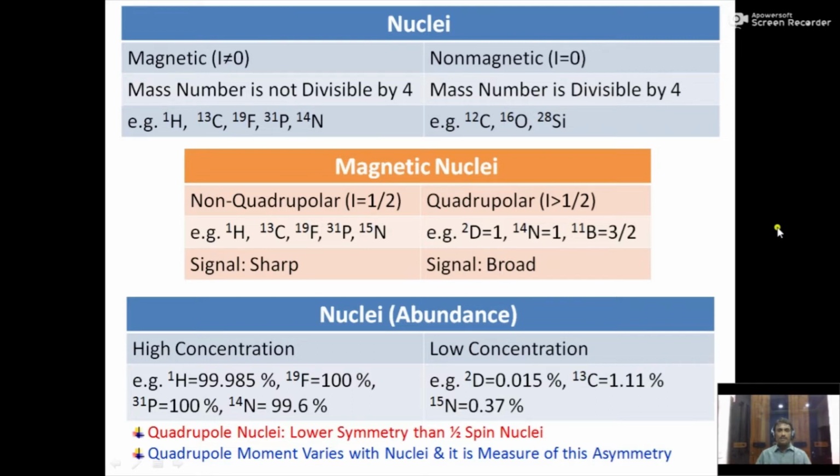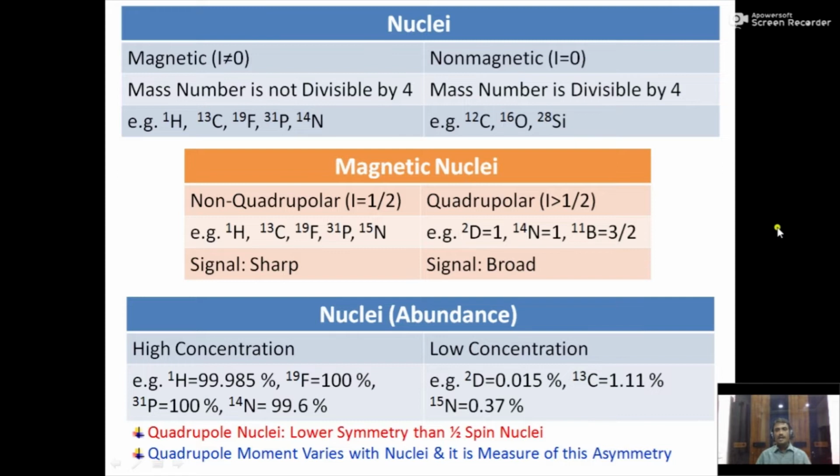Nuclei abundance: you can see that hydrogen, fluorine 19, phosphorus, nitrogen 14 have very high abundance. Their percentage abundance is quite high. Another group is the low concentration nuclei whose abundance is very low. You can see that deuterium, the isotope of hydrogen, has a concentration of 0.015%.